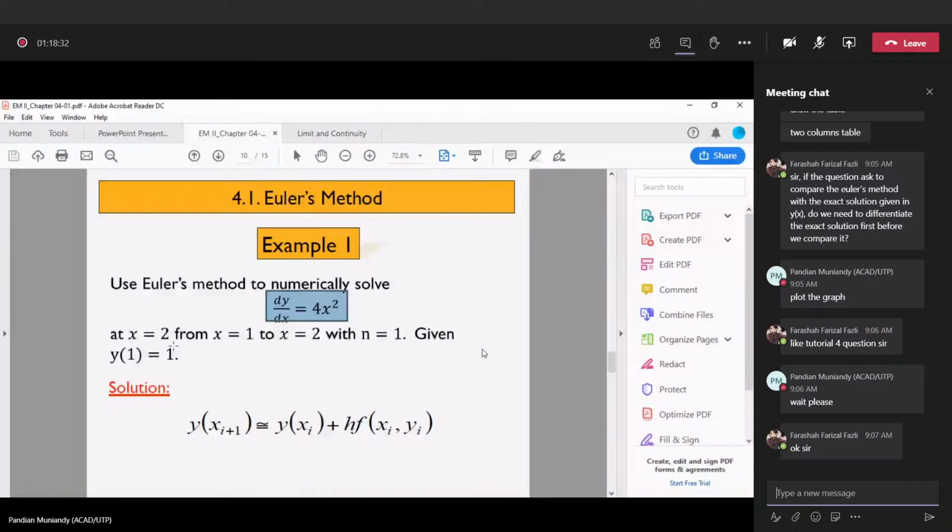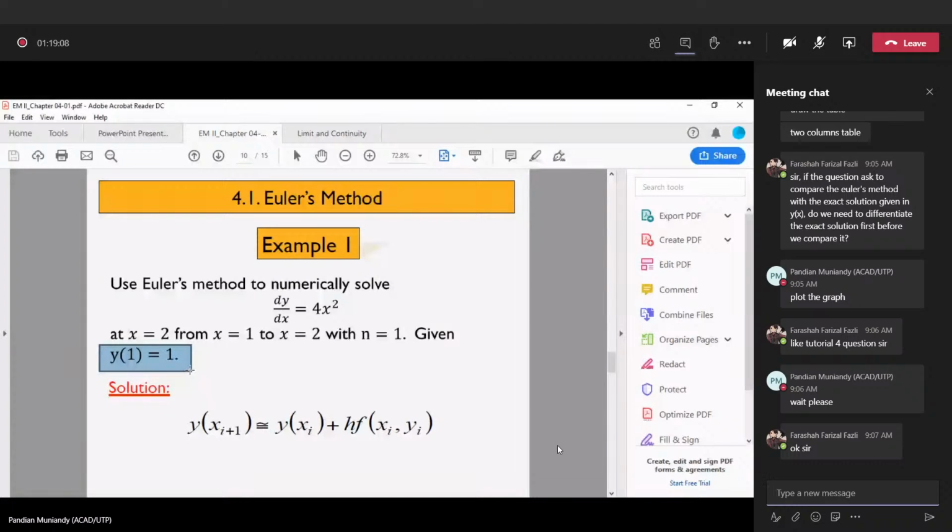That means from x equals 1 to x equals 2 with n equals 1. That means 2 minus 1, 1. That is n. Given y1 equals 1. You see, this is given. This is the problem, class. In numerical method, this will always be given. Otherwise, you cannot start the iteration. So you already have x naught equals 1, y naught equals 1. x1 equals 2, y1 you want to find.